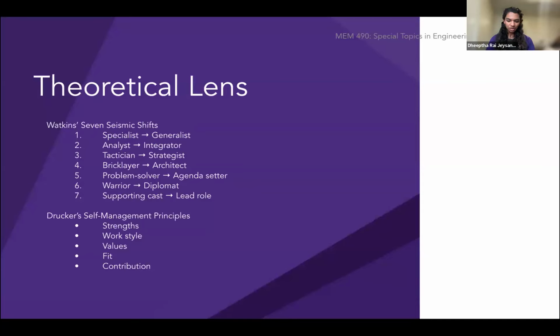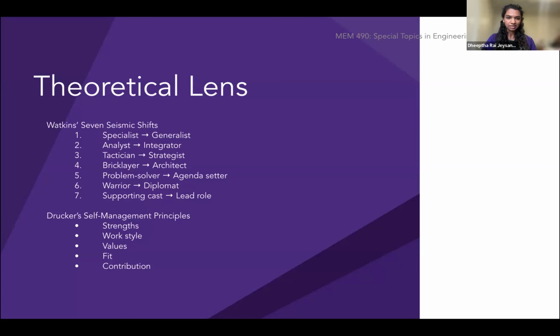Technically, we've gone into a little bit of detail about what is expected. We cover Watkins's 7 seismic shifts and also Peter Drucker's self-management principles about what is important for you to understand about yourself. And the 7 seismic shifts talk about what you are when you are an engineer and how your thought process changes, or how you view the company, the project, and the people you're working with should be shifting.